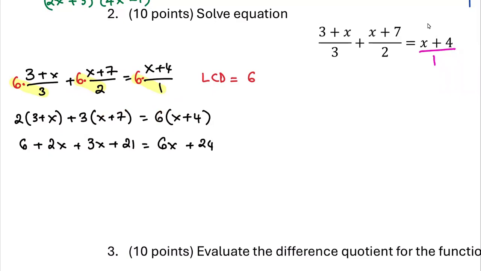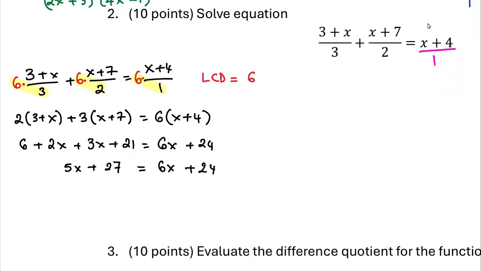Okay, then combine like terms. I can combine the 6 and the 21, the 2x and the 3x. And I'm getting 5x plus 27, equals 6x plus 24.